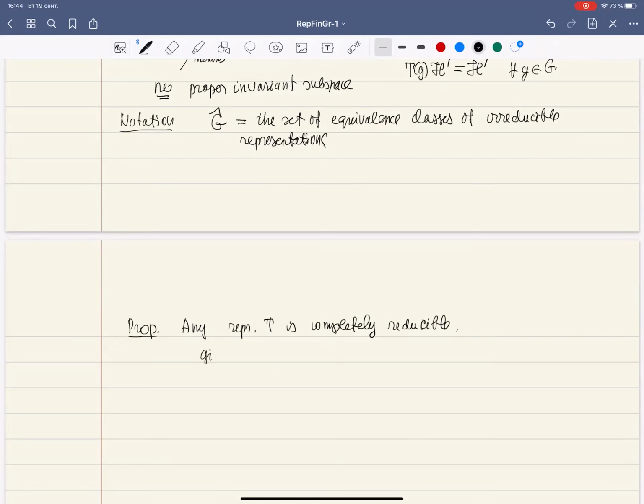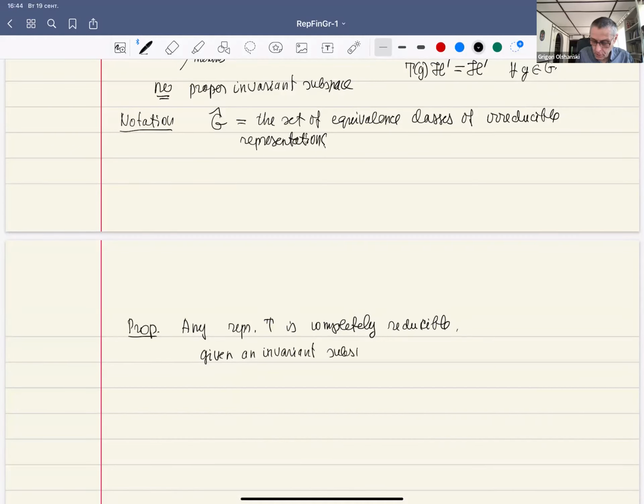Given an invariant subspace, I will assume it's a proper invariant subspace, there exists a complementary subspace, which is also invariant.